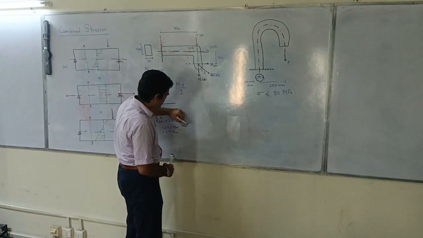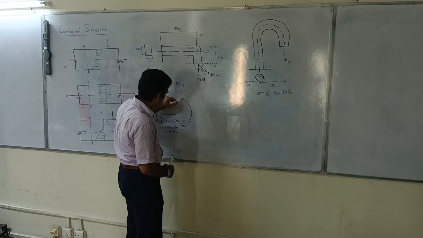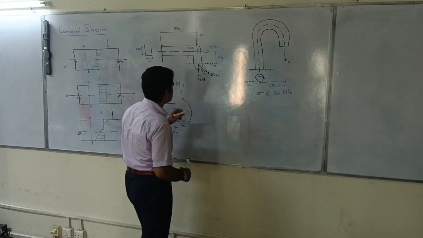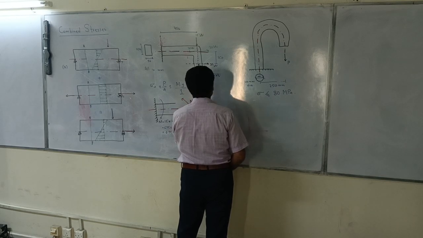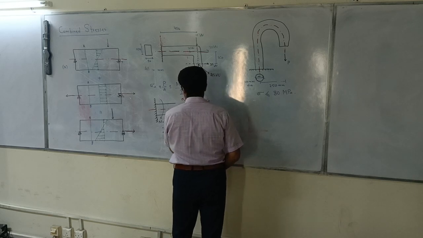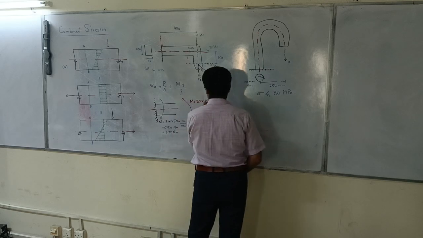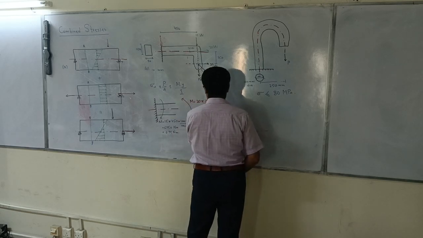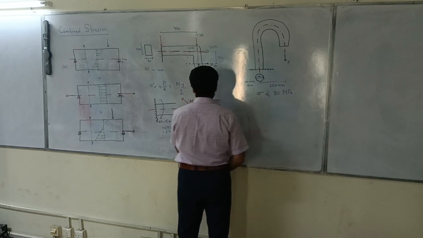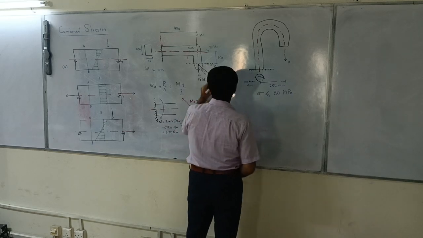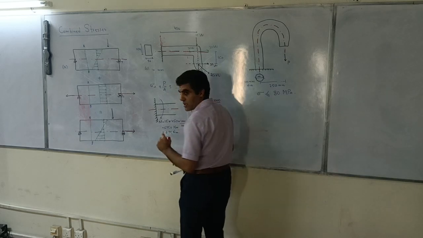I'll show it in a different color. So 20 into 150, which is 3,000.